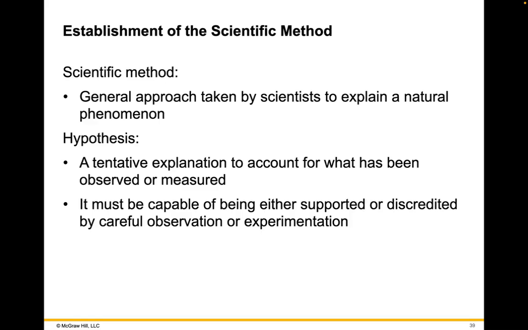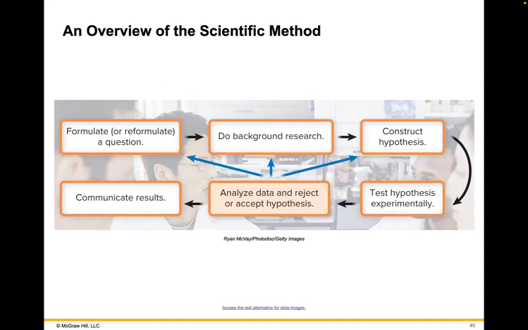It is an explanation for what has been observed or measured, and it has to be testable. You can either support it or you can discredit it. A hypothesis is never proven, ever. It's only supported or unsupported. And that has to be done through observation and experimentation.